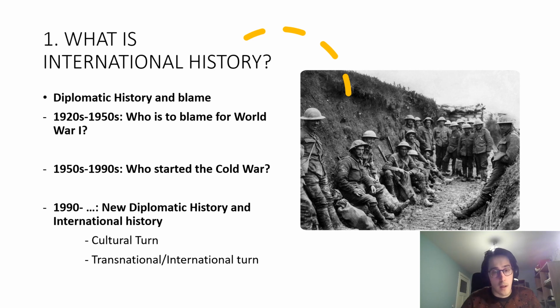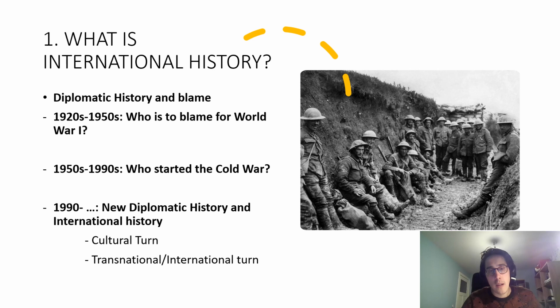Important in this later on in the 2000s is the emergence of transnational and international history, a global history, and the notion that we shouldn't only study the diplomacy of one country towards another, but that we can think about how different countries together create an international system. That we can think about how non-state actors can do diplomacy, and create a history that is beyond the nation, that is transnational.